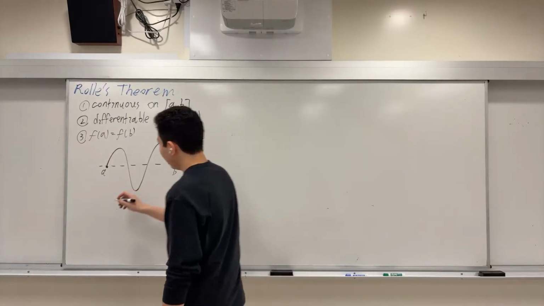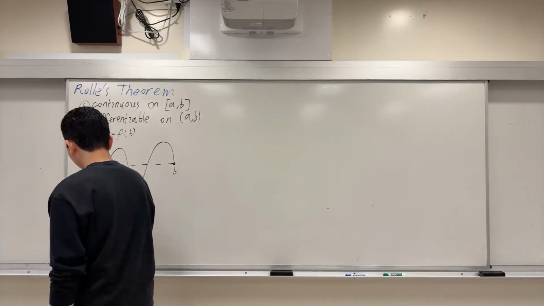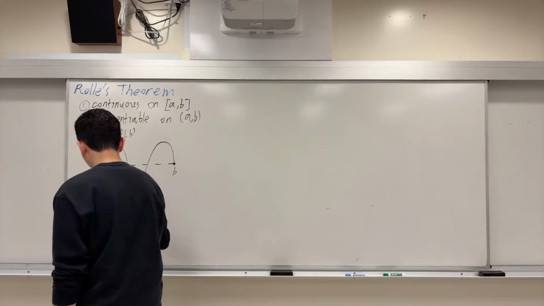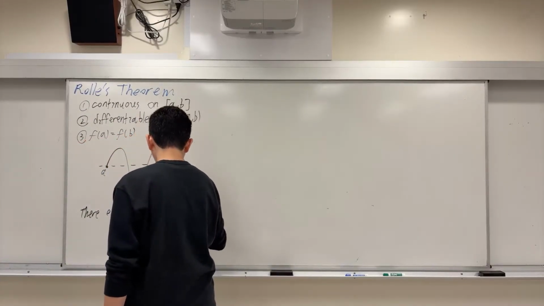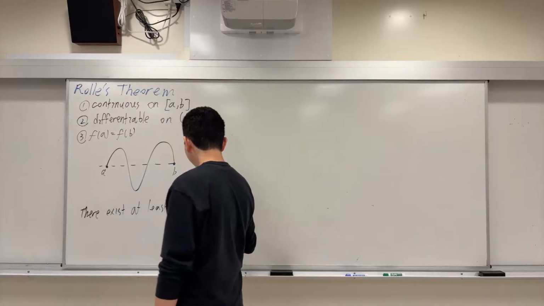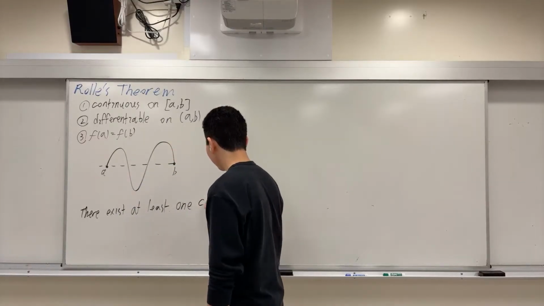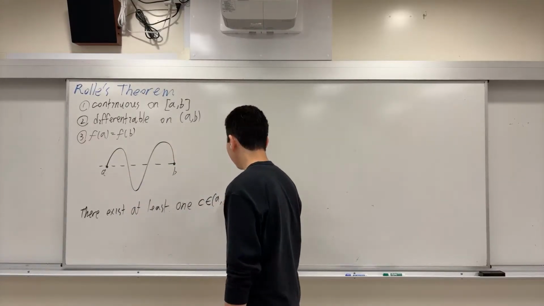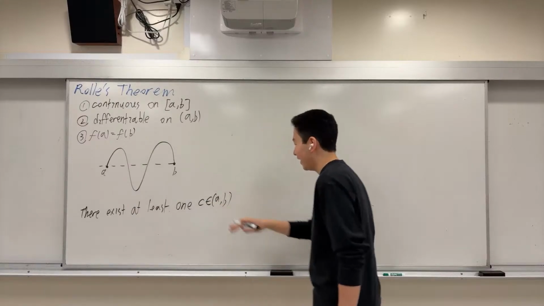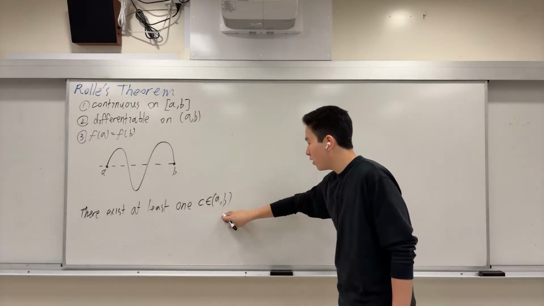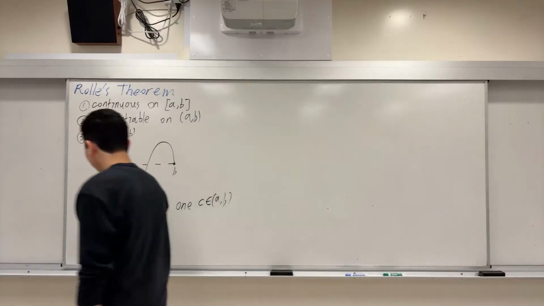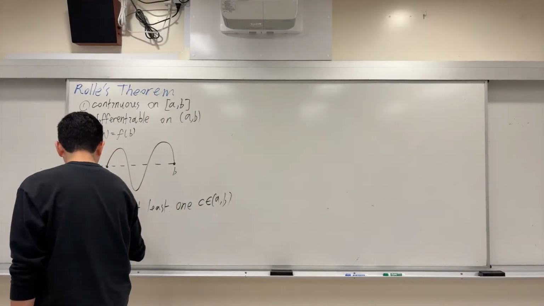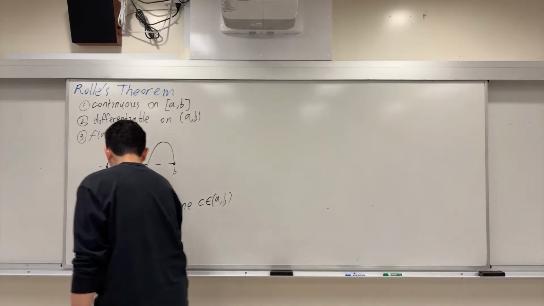Okay, there exists at least one c as a constant, and that has to be between a and b. So we can put it like that. C is in the interval a comma b, between a and b, so that f prime of c equals 0.